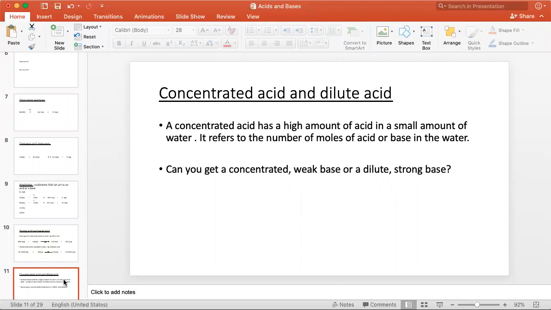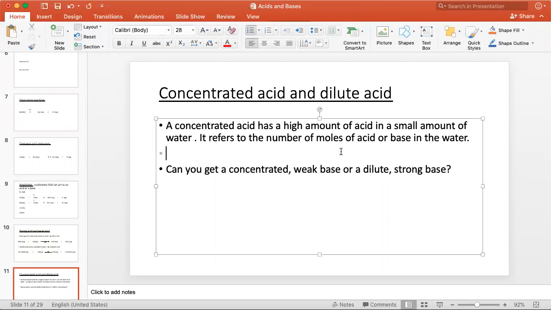Now, if you take it further, what's the difference between a concentrated acid and a dilute acid? A concentrated acid has a high amount of acid in a small amount of water. It refers to the number of moles of acid or base in water. Like we did the equation, right? What was the equation?